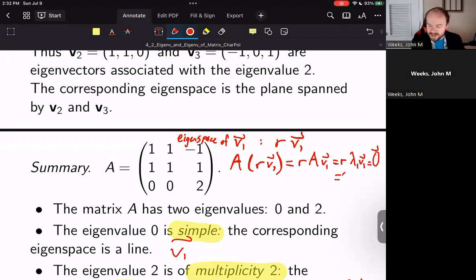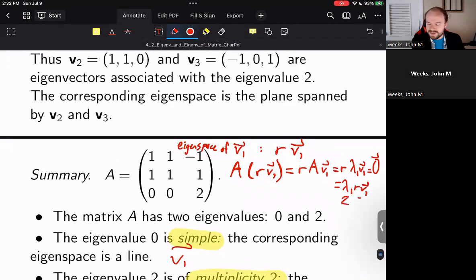If I wanted to rewrite it, though, it would be lambda 1 times r v1. In the case that, for example, our eigenvalue was non-zero, we would just be getting that A times anything inside of this eigenspace is lambda times anything inside of that eigenspace. This is also, by the way, a proof that any other vector in the eigenspace of this vector would work as an eigenvector for it.